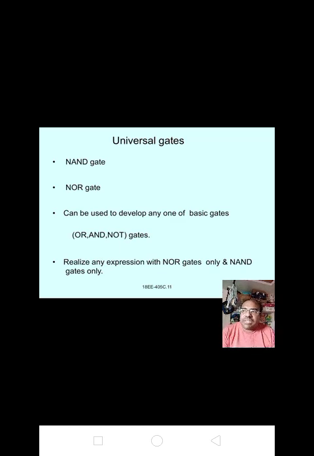Realize any expression with NOR gates only and NAND gates only. Okay, this is the concept of universal gates.